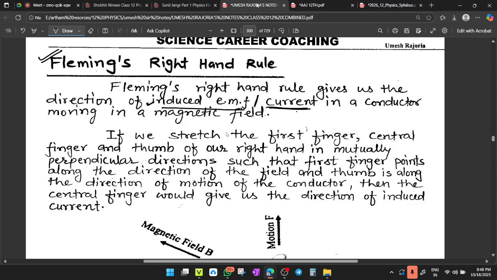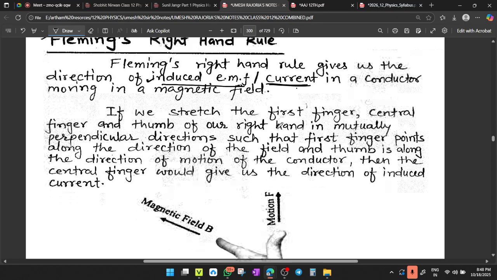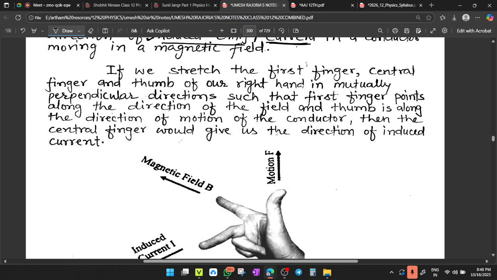Yes. So if we stretch our first finger, pointing towards the magnetic field, the central finger or middle finger, and thumb of our right hand in mutually perpendicular directions, such that the first finger points along the direction of the field and the thumb is along the direction of motion.